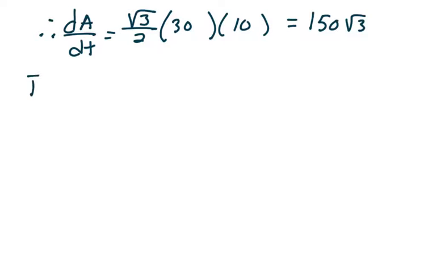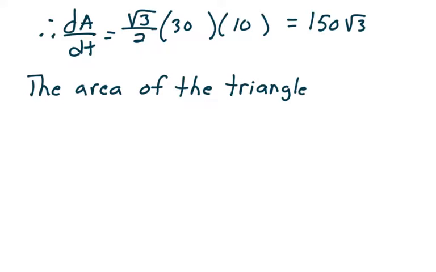And so that says the area of the triangle, and remember, we got a positive result, which means it's increasing. If we got a negative result, that would mean the triangle is decreasing.